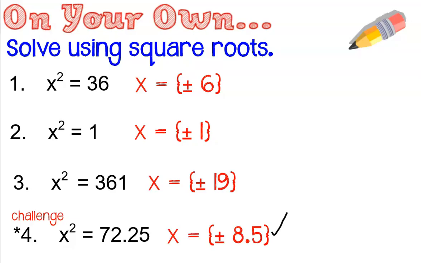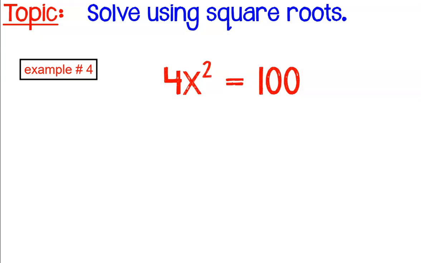All right, let's include a few more steps in our solution process now. For this one, although I could bring the 100 to the other side here, and I could solve this by factoring because it's the difference of two squares, we're practicing just solving by using our square roots today. So I know this can be solved by factoring, but that's not the skill we're practicing.